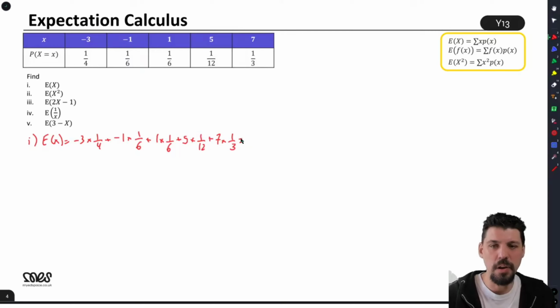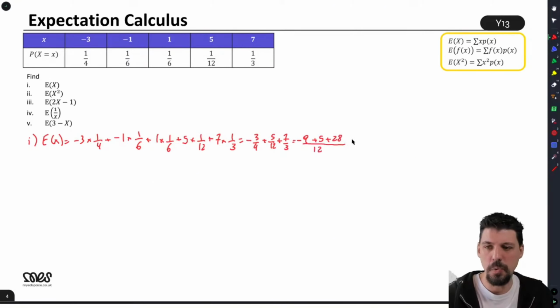Do I believe you? Of course I believe you. -3/4. The 6's cancel out. I get 5/12. I get 7/3. Let's put it all over 12. -9 plus 5 plus 28 over 12 is 2. Very nice.